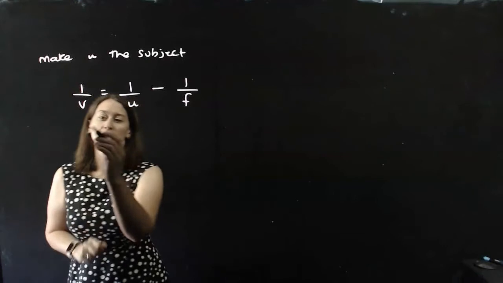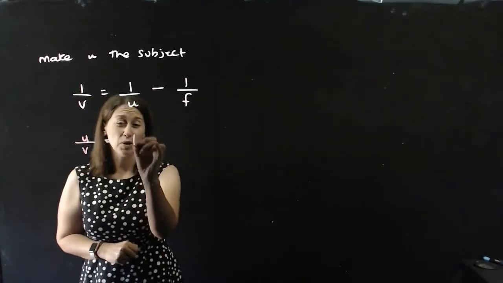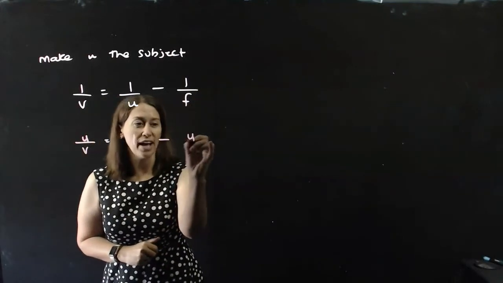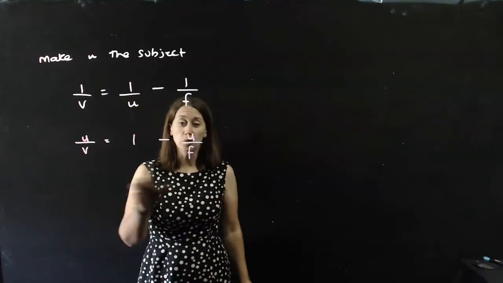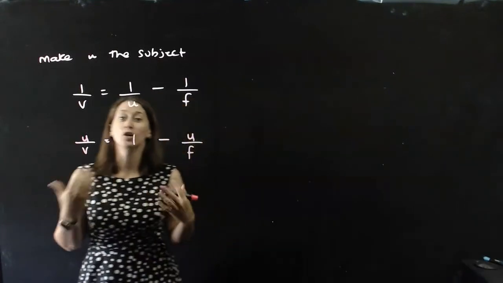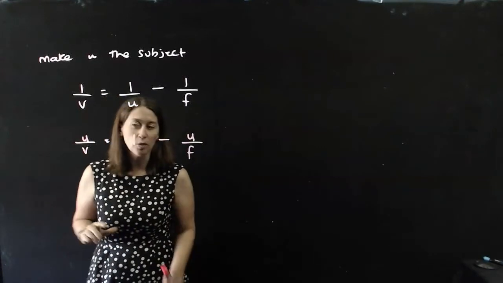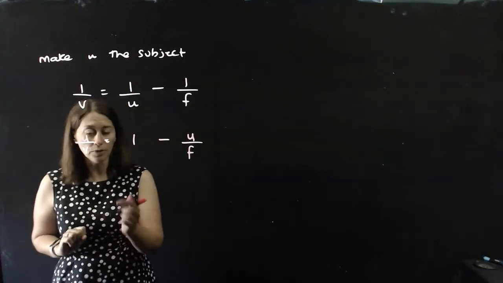Multiplying this fraction by u gives me u over v. Multiplying this by u just gives me 1. Then multiplying this fraction by u gives me u over f. Now, I want to do the same with all the other denominators so that I don't have any fractions. So let's deal with v next. I'm going to multiply this term by v, which will just leave me with u on its own.